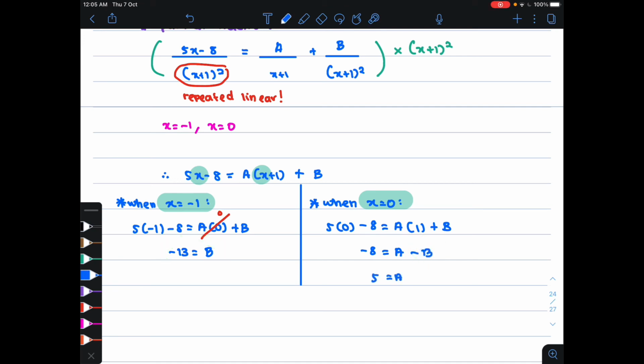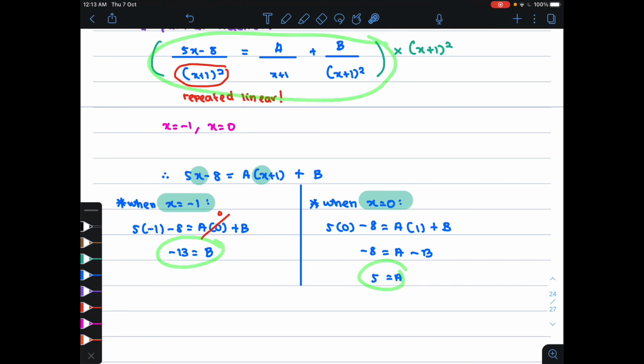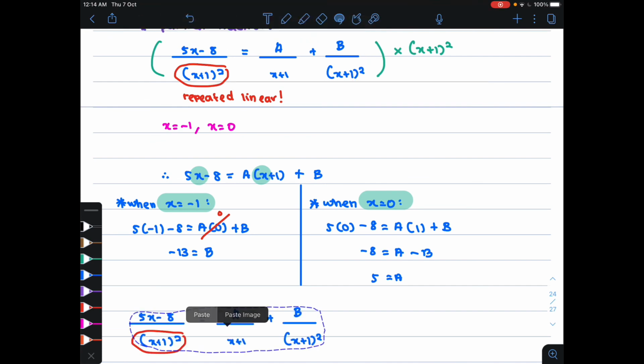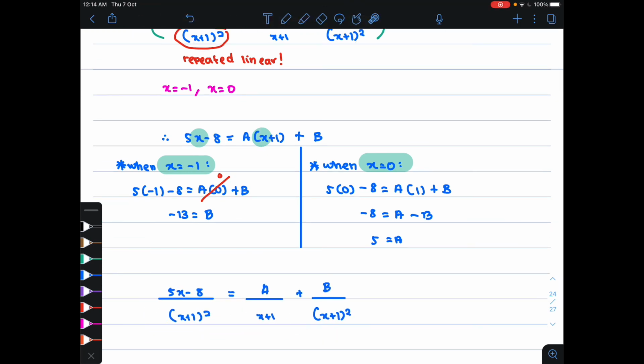And hence, a is 5. Now substitute both values of b and a back into the partial fractions. A is 5 and b is negative 13. But don't forget to simplify on the right hand side. Positive times negative 13 is just negative 13.